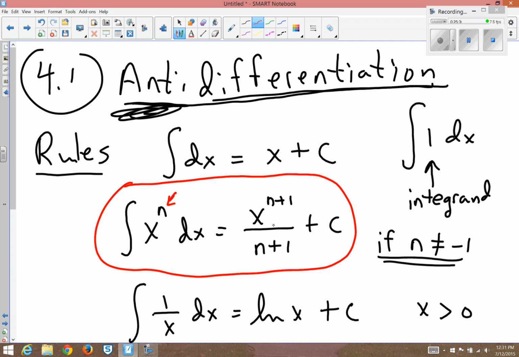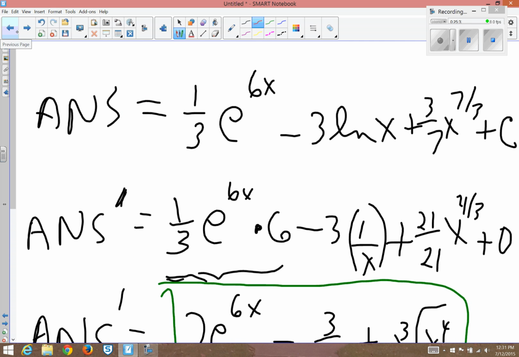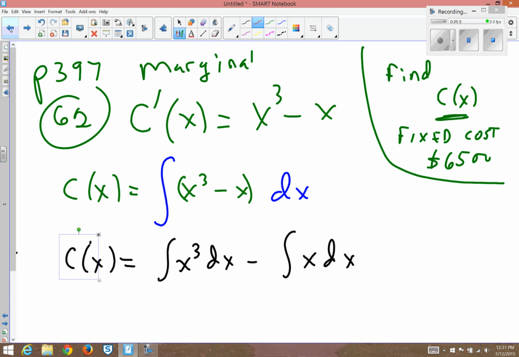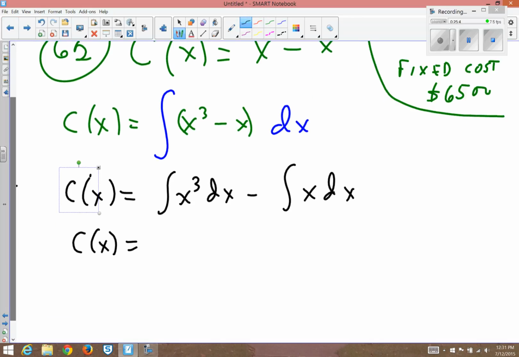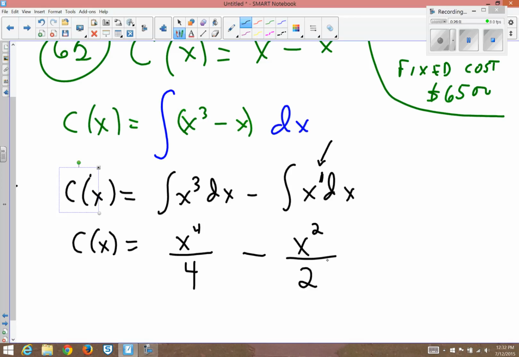So we're going to use that formula twice, where we are over here. C of x equals the antiderivative of x to this number is x to this number plus 1 over the same thing I just wrote. Copy the minus. The integral or antiderivative of x to this number dx is x to that number plus 1 over the same thing I just wrote.